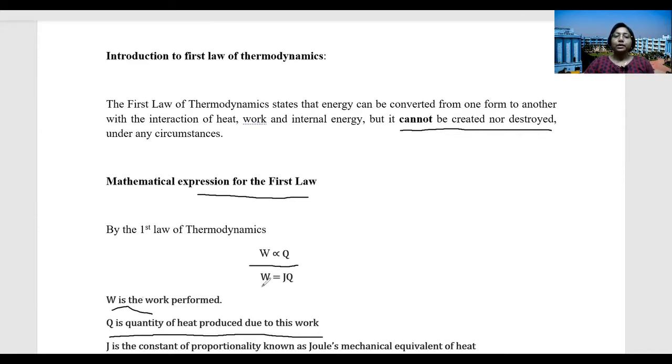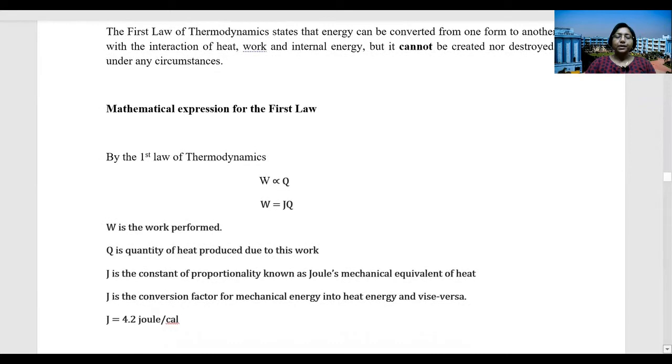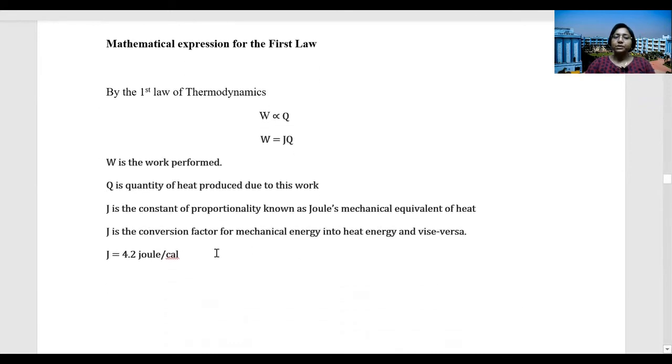Now, W is proportional to Q. If we like to equate, W is equal to, then we have to bring a constant, that is J. J is the constant of proportionality known as Joule's mechanical equivalent of heat.